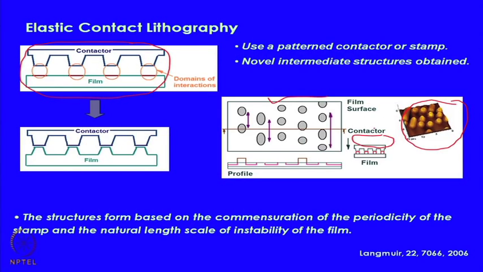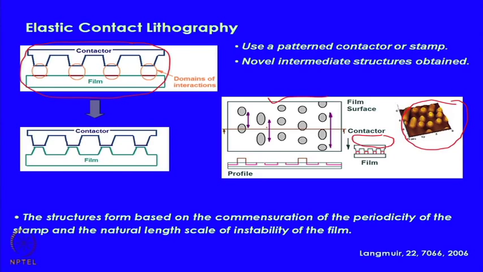You go for further approach, what happens is, because you have some columns which are probably spanning between the film surface and the stamp protrusion, the stamp comes down further. So, these columns elongate along the stripes or the stamp stripes, and the reduced intersurface distance results in enhanced attraction between the stamp protrusions and the film surface.